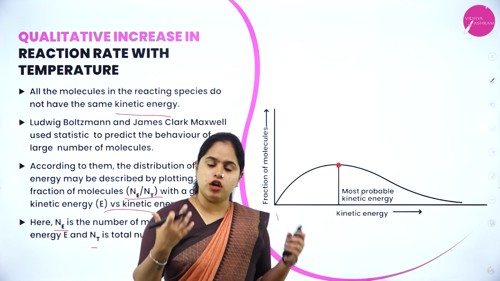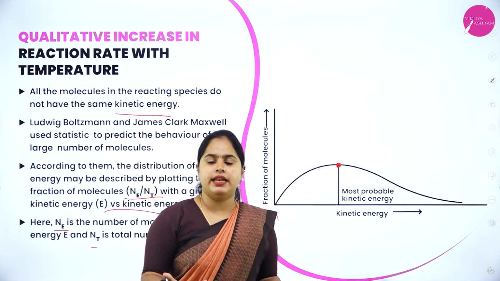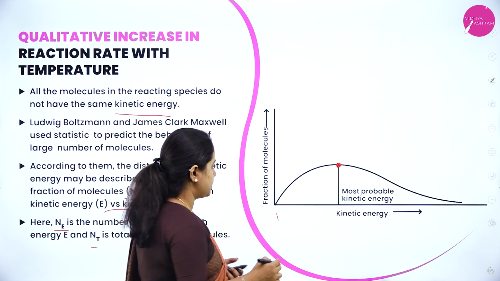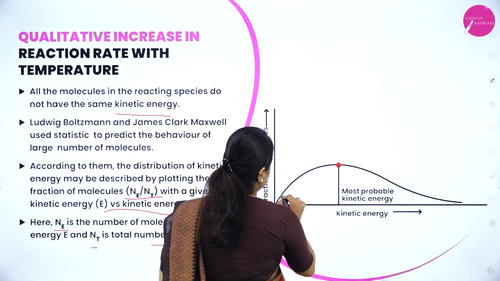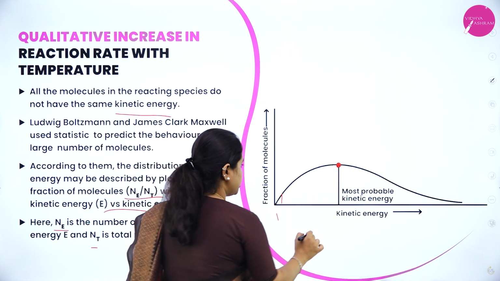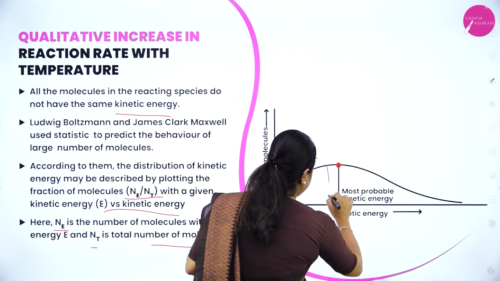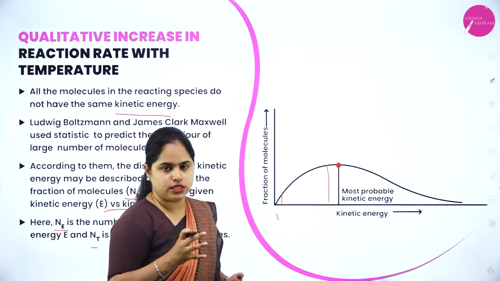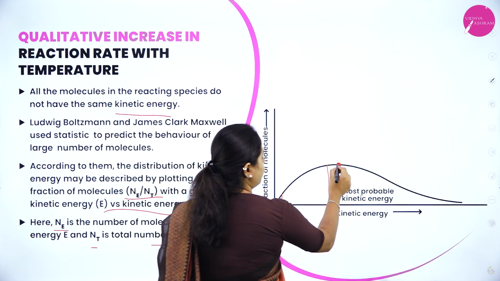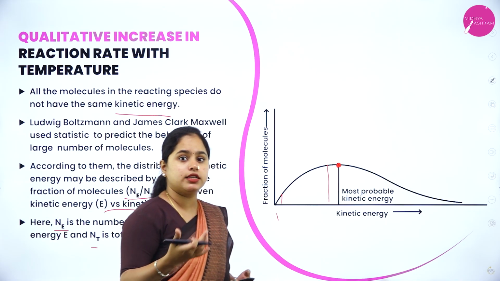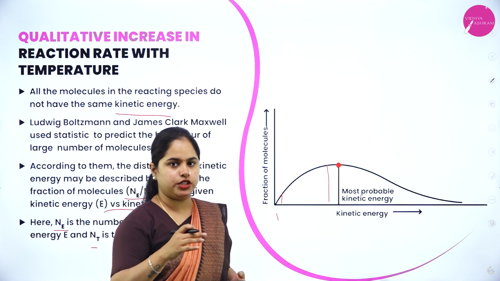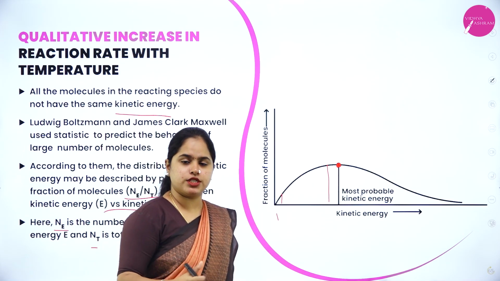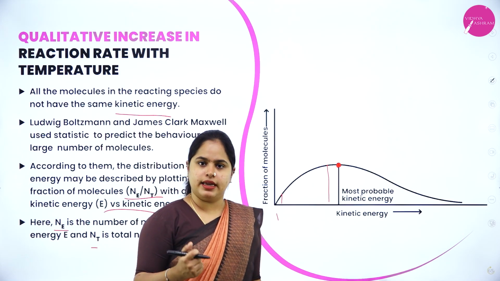As I said, all the molecules will not have the same kinetic energy. Certain molecules will have very little kinetic energy, certain will have a little more, but most of the particles will have a higher kinetic energy, which is called the most probable kinetic energy. That is the energy possessed by the maximum number of molecules.